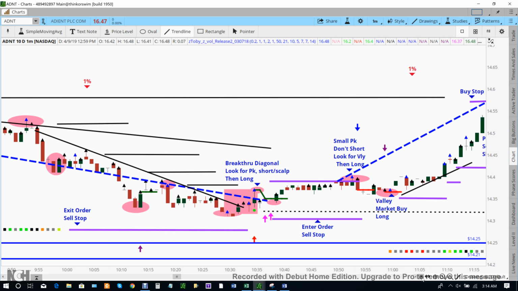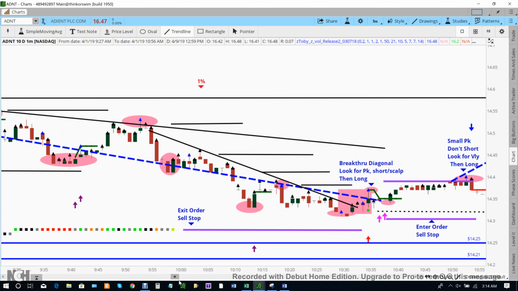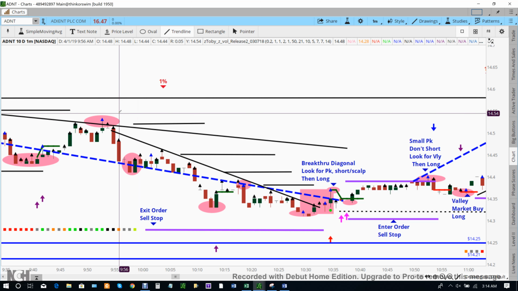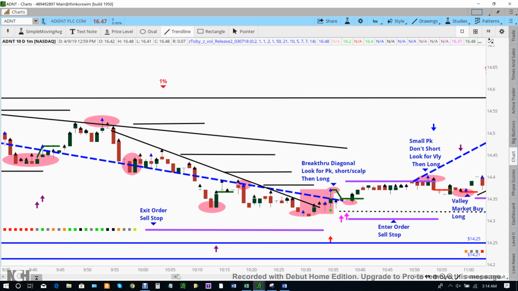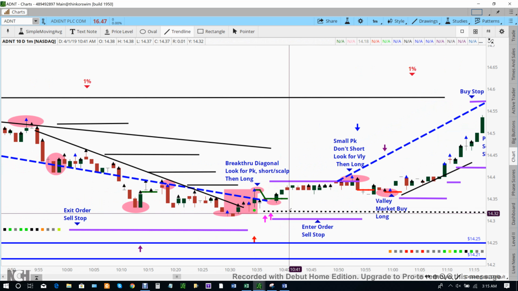Going along. Alright, so there's a resistance line here at 52 and our line at 55. So you remember that 52 and 55.